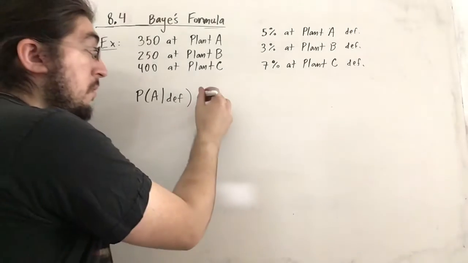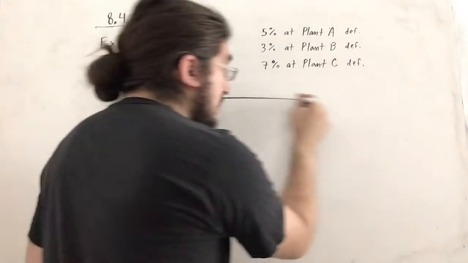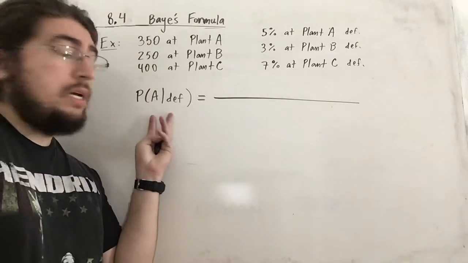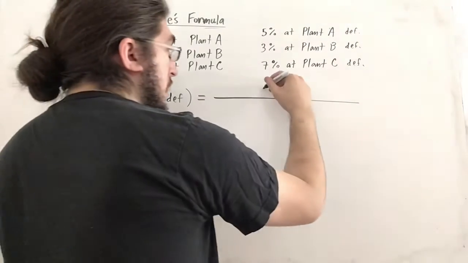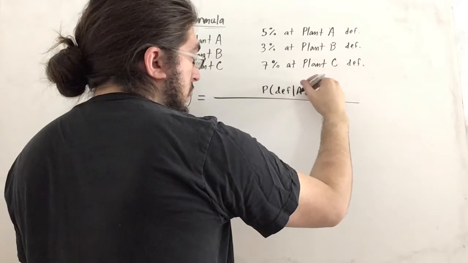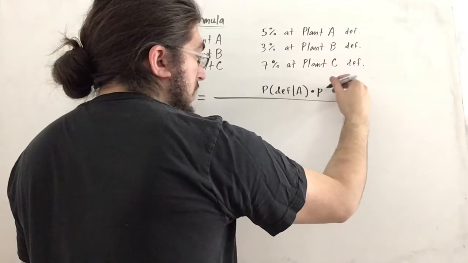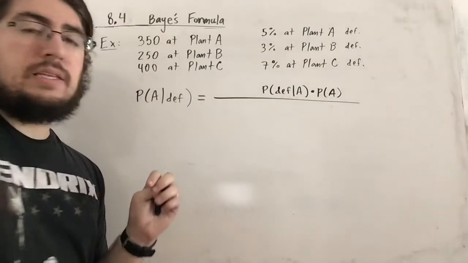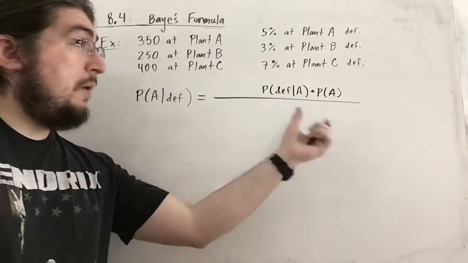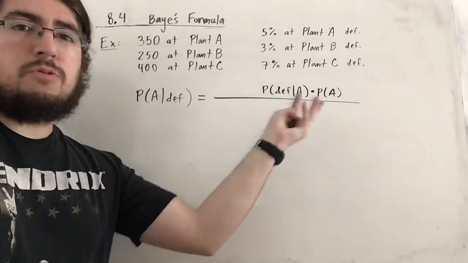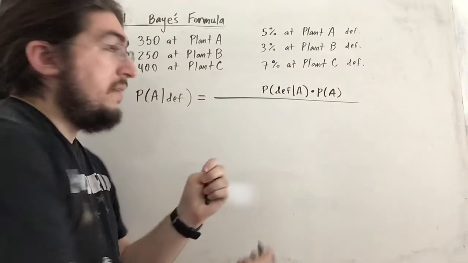So remember, what Bayes' formula really tells us is that you can essentially just swap the conditional probability for the numerator, and multiply that by the one that's given, so the probability of the given set, which would be A in this case. The denominator will just be a sum of terms that are basically this, but instead of A, it'll be A through C in this case, because those are the sets we have to deal with.